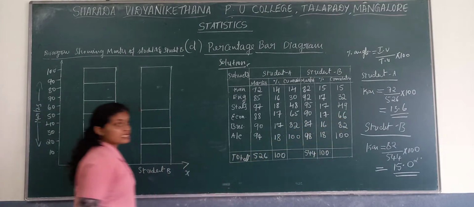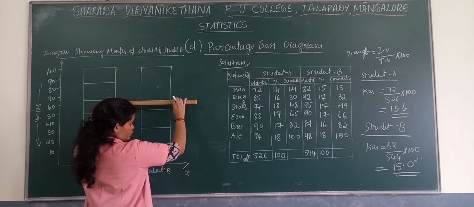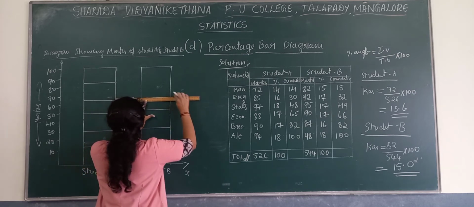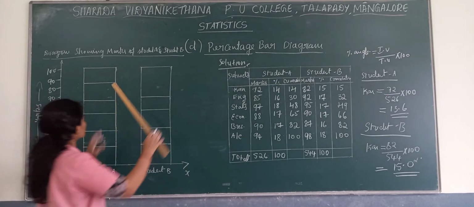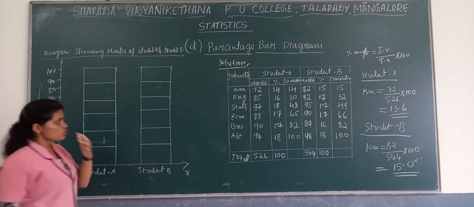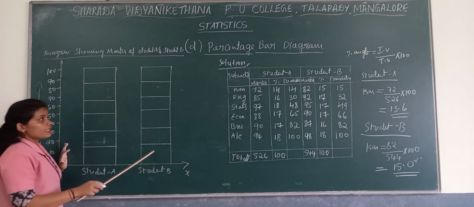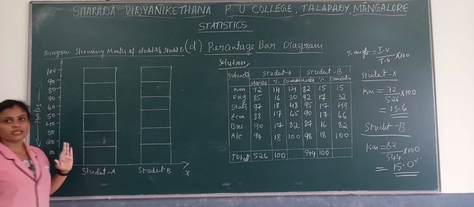Then comes 66. Then next 82. Then last one it is 100. Kannada, English, stats, economics, business and accounts.